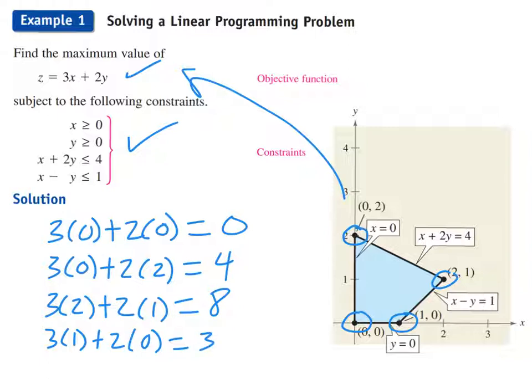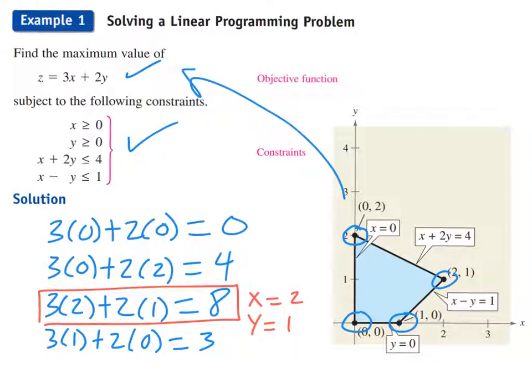Okay. So there's my solution. X equals 2, y equals 1. And that was right here. All right? So given the constraints that I had, okay, all those constraints formed the shaded area. Those are all the solutions.